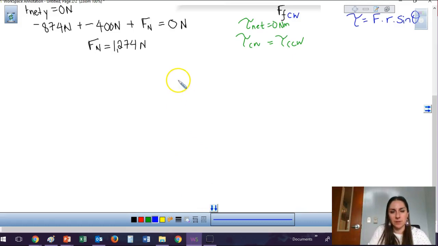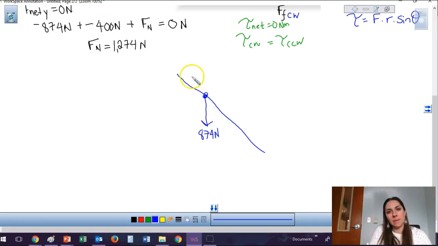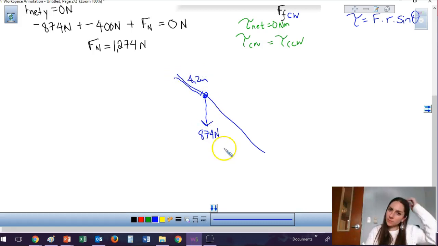If you notice right now, I have this force here as 874 newtons, and I have this as 4.2 meters. So the question is, what is this angle? Essentially, that is what I need to figure out here. So let's see what we have to figure this out.